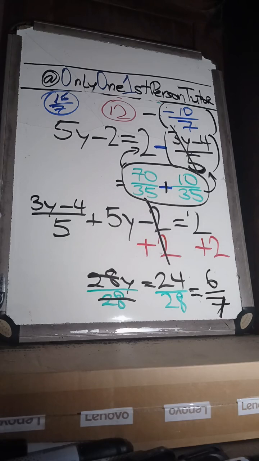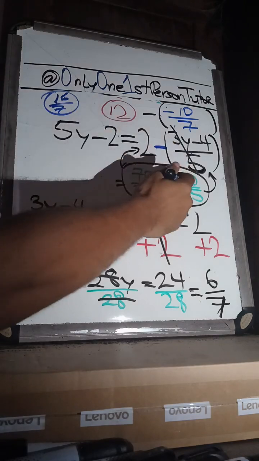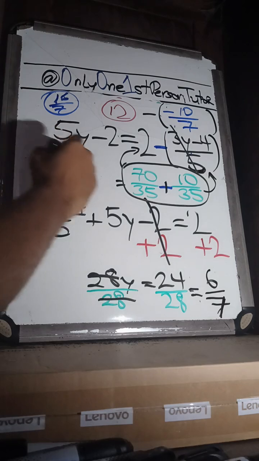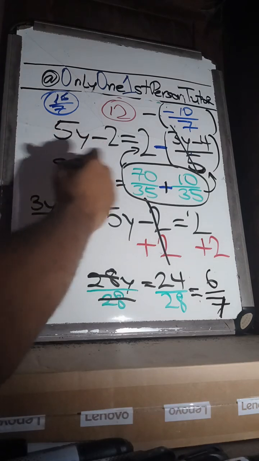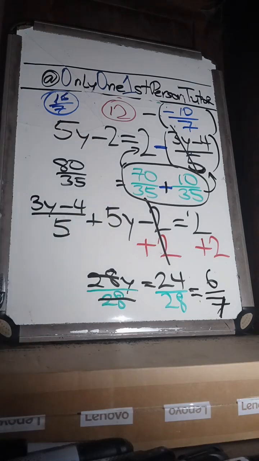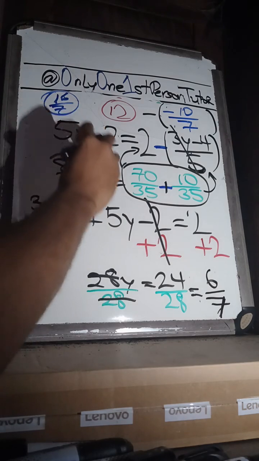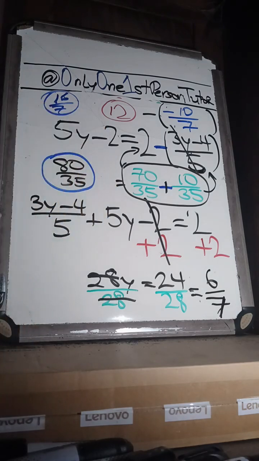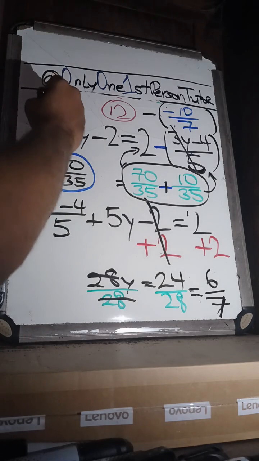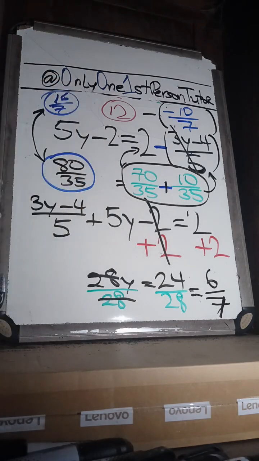So that minus 10 over 7, you divide that by 5, you'd get that. Okay. So this would have been 80 over 35. So if that's 80 over 35, yeah, it makes sense now.